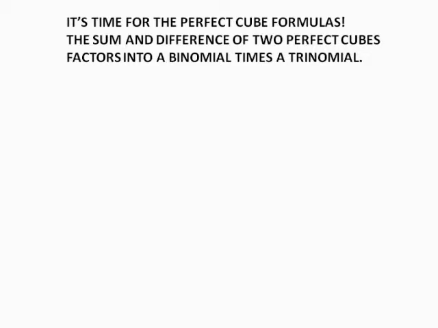Now, first, I'm going to start out with what's called a cubed plus b cubed. And notice I've gotten up here in the notes that whenever you factor the sum and difference of perfect cubes, they factor into a binomial times a trinomial. So I'm going to go ahead and put a binomial and then a little bit bigger parentheses here for a trinomial.